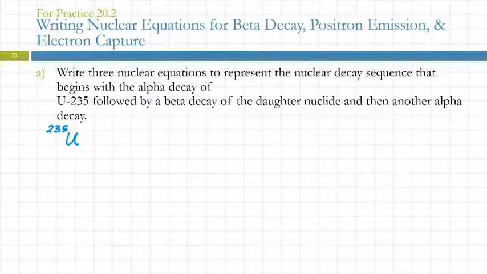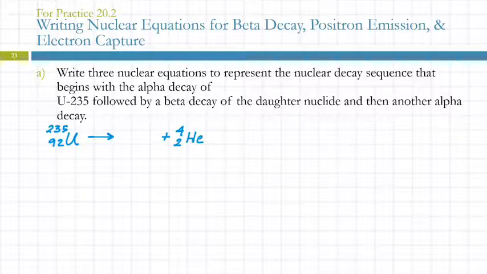92. So uranium-235 has 92 protons. And the formatting's messed up here. It begins with alpha decay. For alpha decay, I'm not sure why they always write the nuclide first, the daughter, and then the decay.